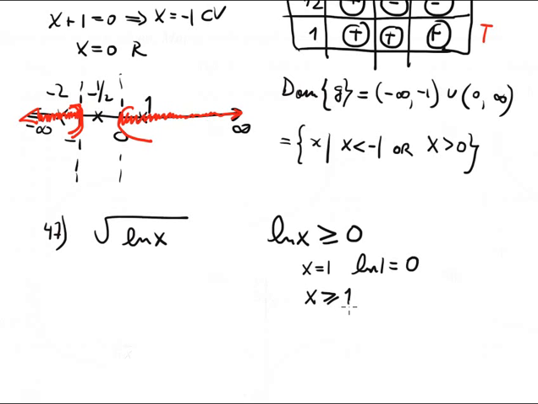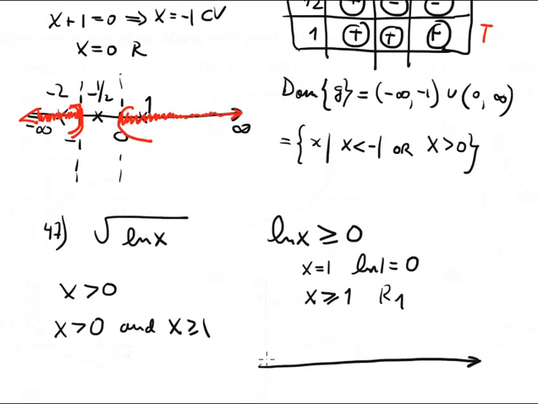For the other part, this is restriction 1: the expression inside the logarithm, x, must be positive. So basically the answer is x must be positive and x greater than or equal to 1 together, right? It's the intersection. Negative infinity, this is 0, this is greater than 0, and greater than or equal to 1 is a bracket here and here.